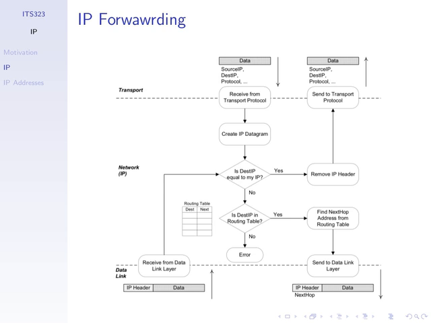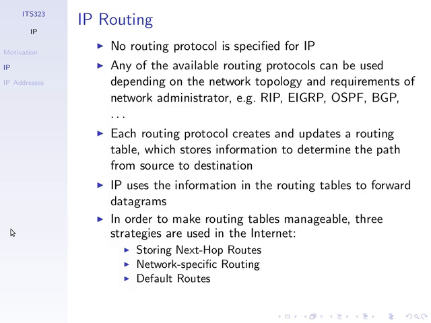In our example, it's R1. And then we send this datagram to R1 by sending it to the lower layer, the data link layer. We send to the data link layer the datagram, IP header, and also the next hop, which is R1 in our case.